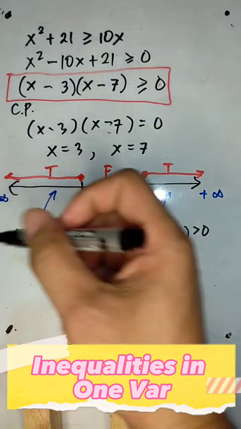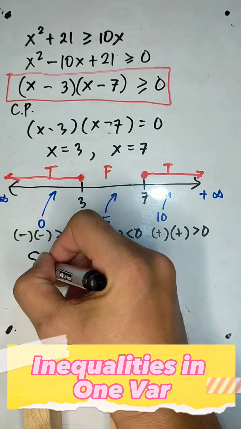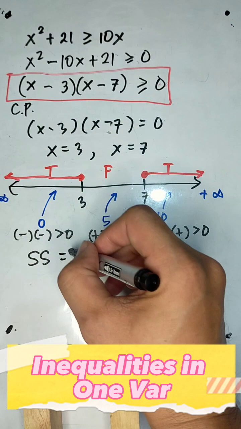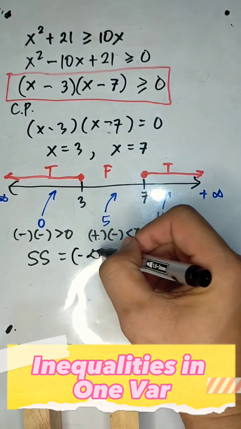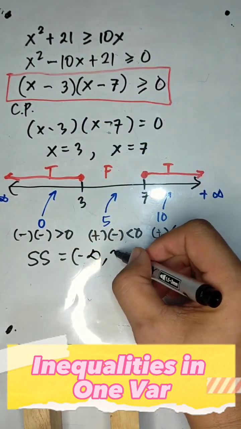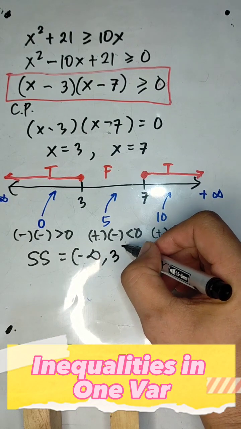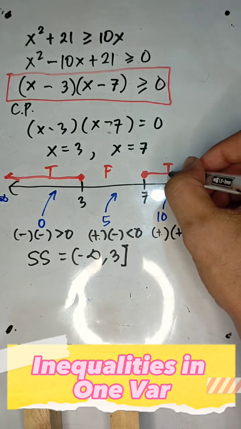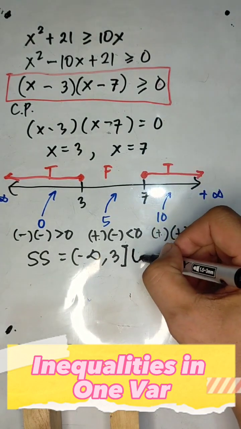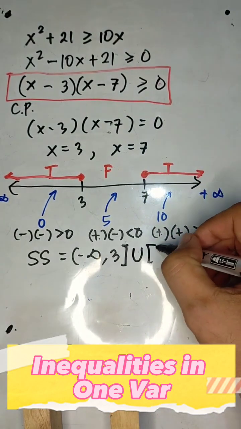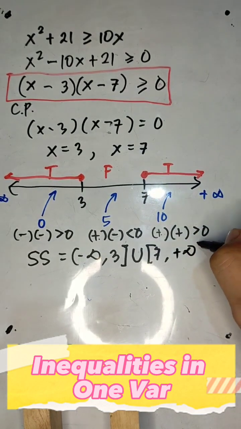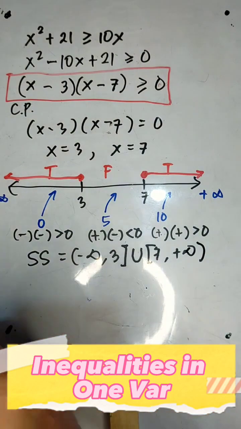If you write the solution set, it is equal to the interval from negative infinity to 3, and 3 is included, so we use the closed bracket to the right. And then for this interval here, we just union it. 7 is included, then goes to positive infinity. So this is now the solution set.